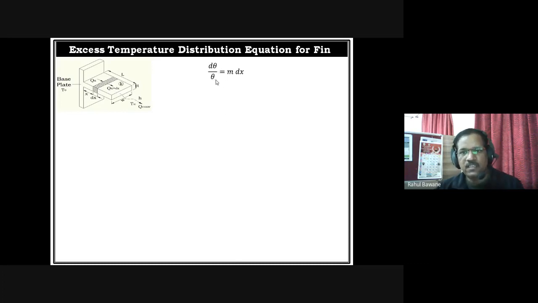So d theta upon theta equals m dx, and the second term we obtain is d theta upon theta equals minus m dx. Now integrating this, the integration of d theta by theta equals integration of m dx, and on the second side, integration of d theta by theta equals integration of minus m dx.